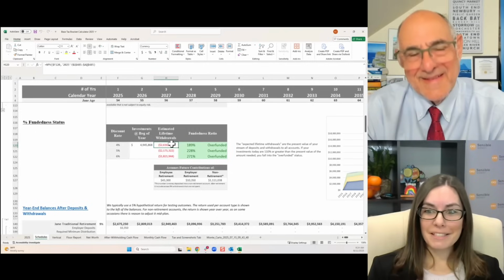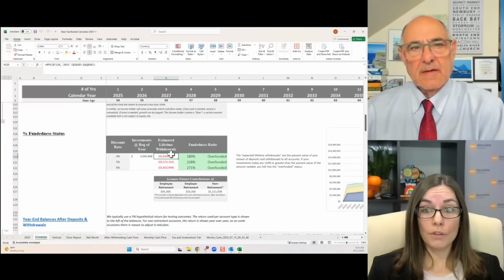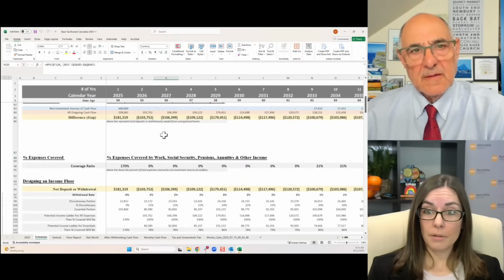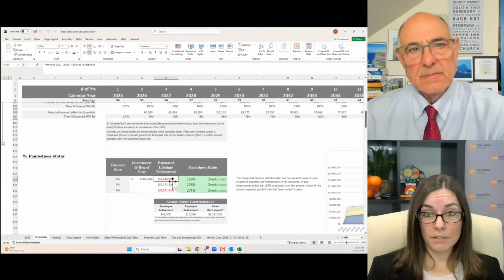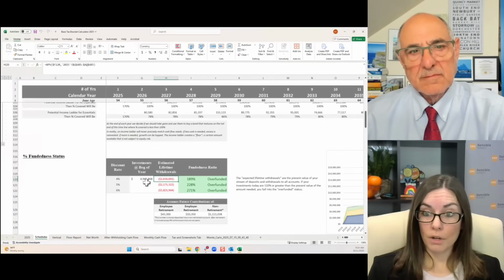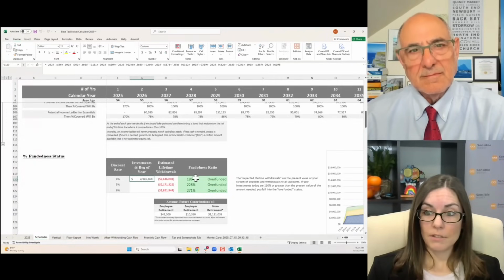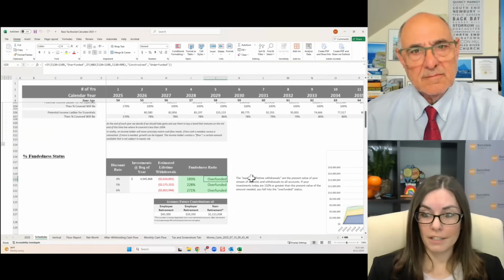What this is saying is that for this particular client to fund all of her future withdrawals, so back up here, all of these withdrawals in yellow, she would need about $2.6 million if her portfolio averaged 4%. If she had $2.6 million, she would have 100% of what she needs, but she has more. She's got almost 5 million. And so she has almost twice as much, 189% of what she needs, meaning she's overfunded.